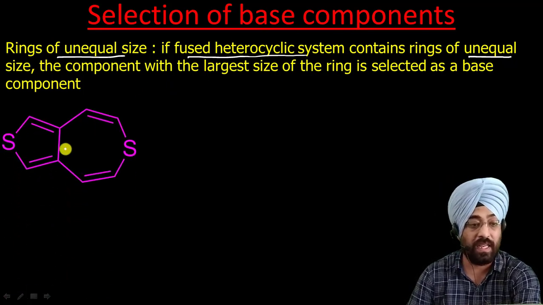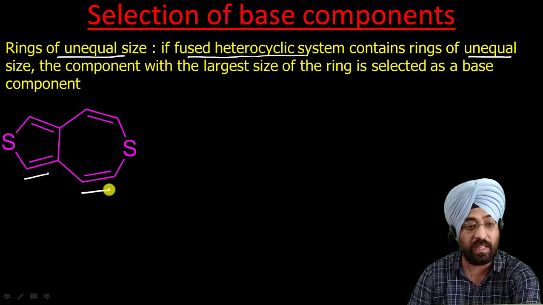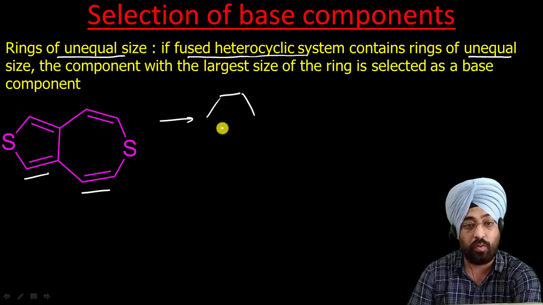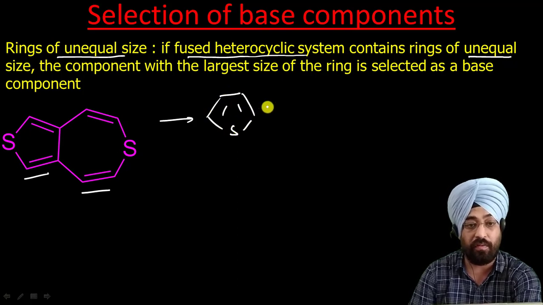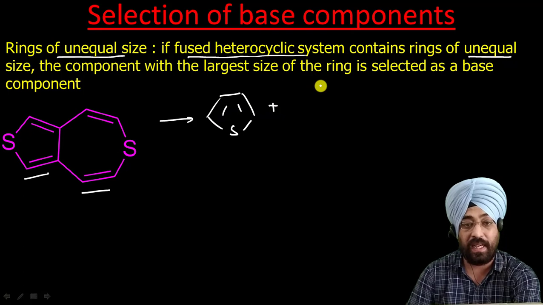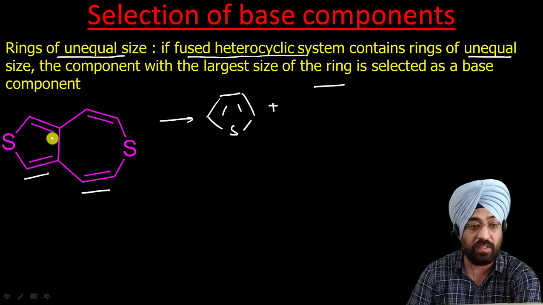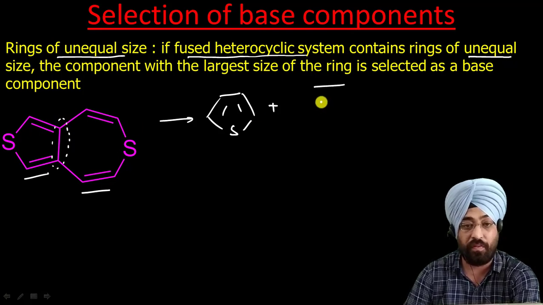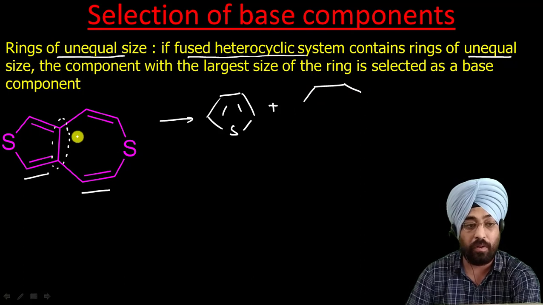Now you can see here it is a 5-membered ring, and a 7-membered ring. If we have to break this, we can break this into one as thiophene, and the second as this. This bond is shared by both the groups, and we have to have two systems which have the maximum number of non-cumulative double bonds.